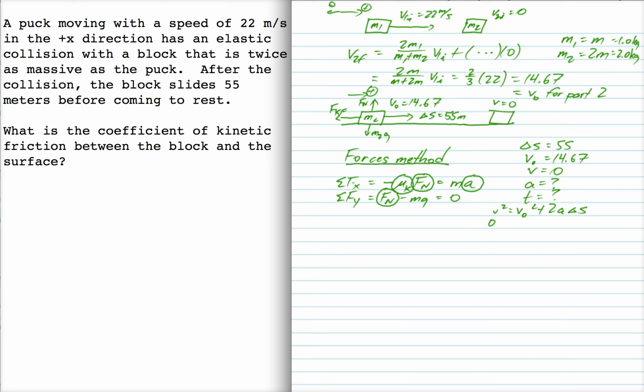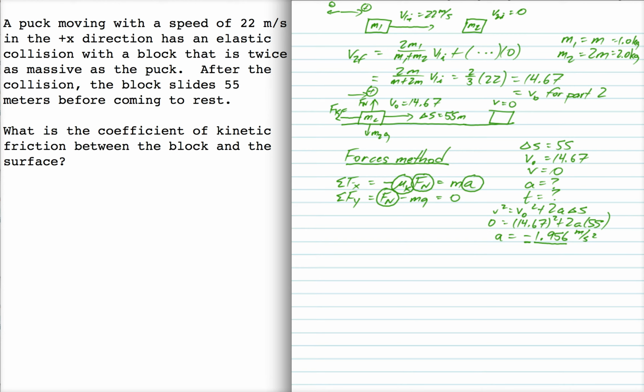So 0 is equal to 14.67 squared plus 2 times a times 55. And if I calculate, I get an acceleration of negative 1.956 meters per second squared. It's got to be negative, right, because it points to the left. It slows down, right? Positive velocity, negative acceleration. The mass is slowing down.